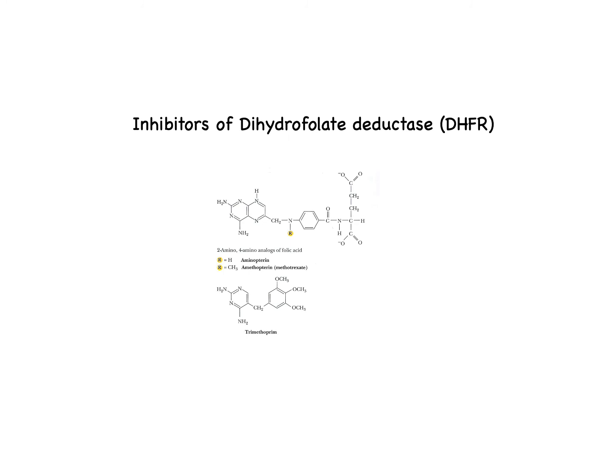There's another inhibitor that has part of the folic acid, and that's shown in the bottom, trimethoprim. And this molecule inhibits the bacterial dihydrofolate reductase, but not the human or mammalian enzyme. And so it's been used as an antibiotic.